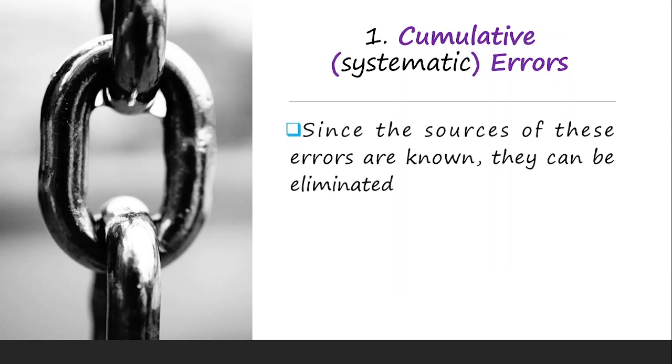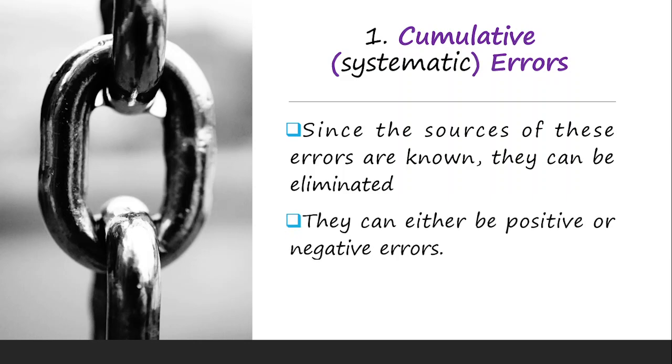Since the sources of these errors are known, they can be eliminated. By knowing the examples of such errors, you can eliminate them and have accurate measurements for your survey.